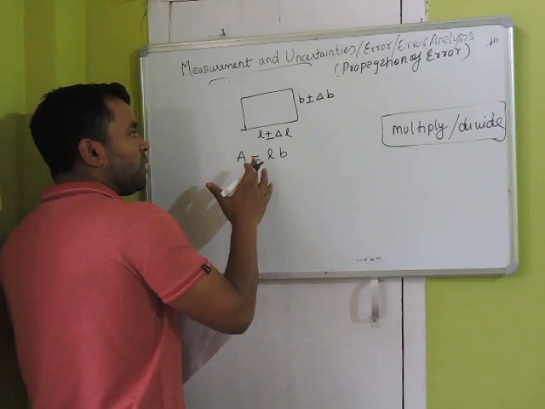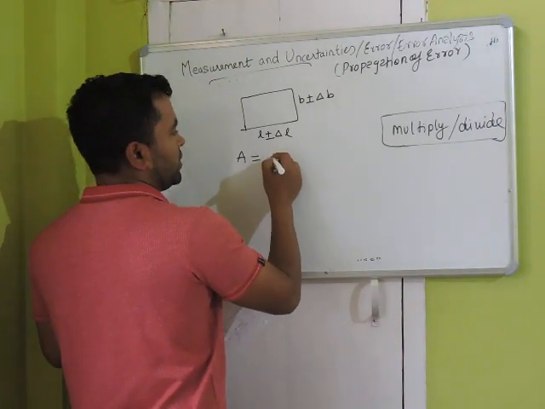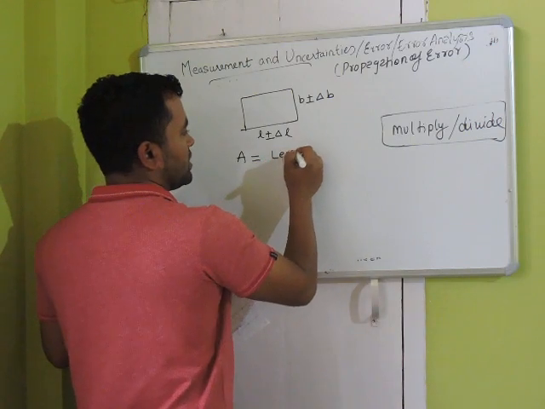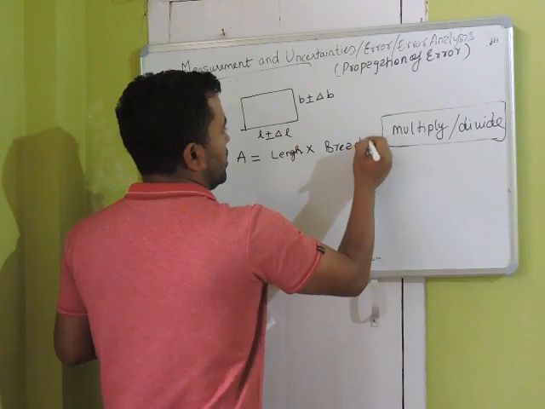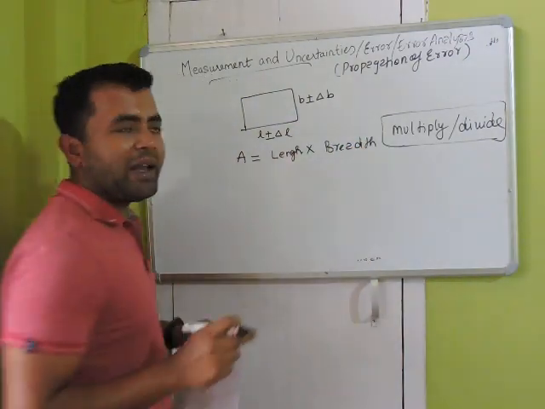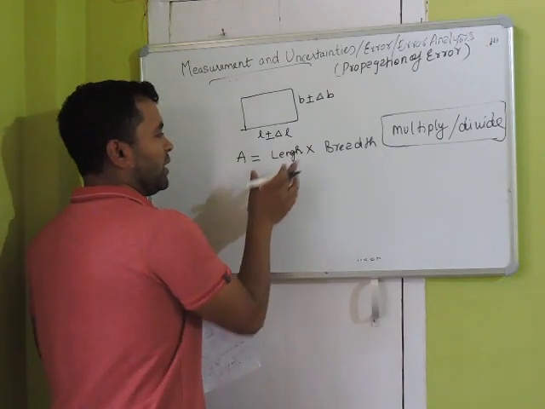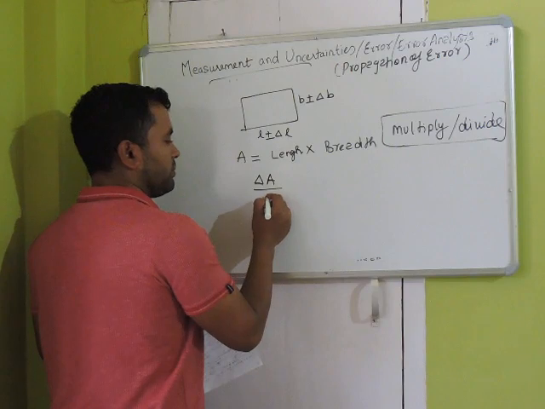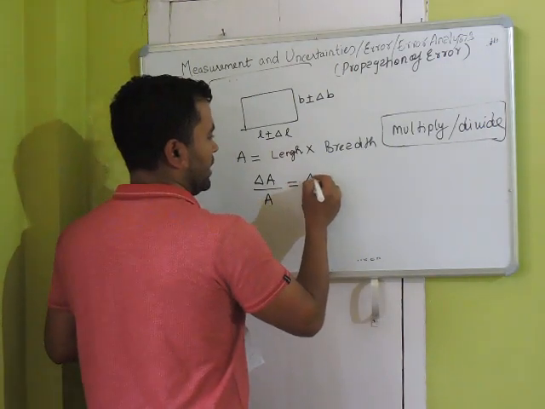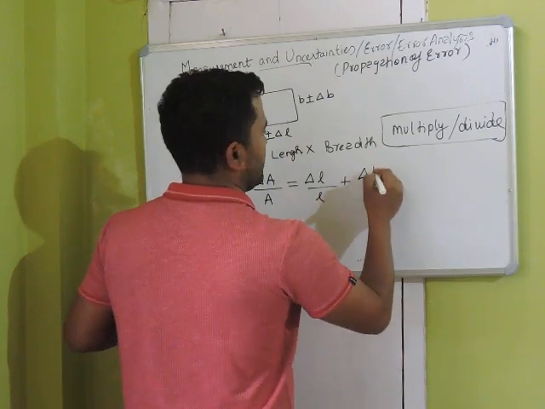When I calculate area, this error will add up. So in case of multiplication, it turns out that fractional error in area, delta A by A, will be equal to delta L by L plus delta B by B.